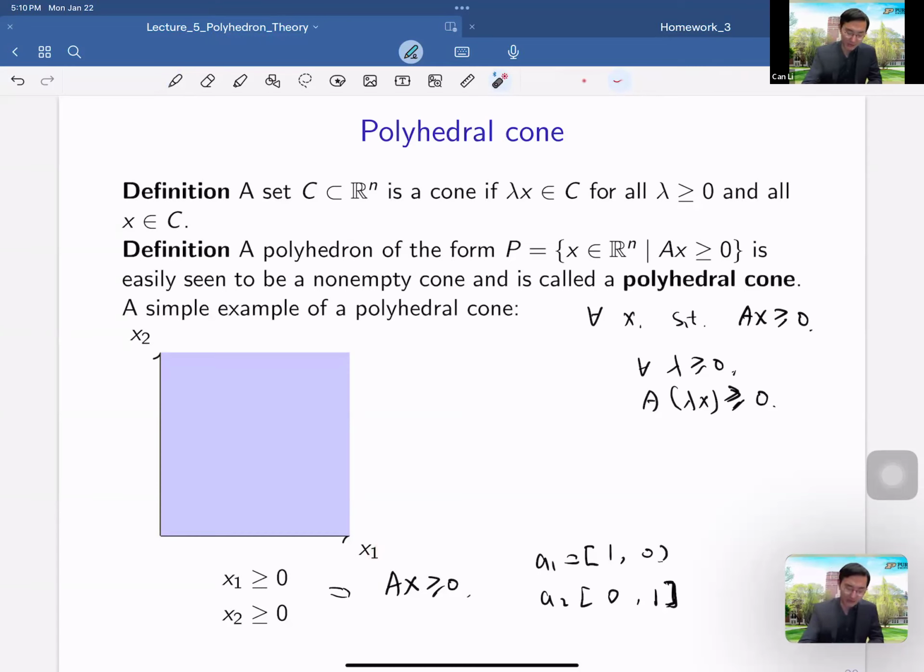And intuitively, if you pick any point in this cone, let's call this point x, lambda x is also in this cone. The lambda x is essentially this ray here, with lambda greater than or equal to 0. And of course, this lambda x is still in the first orthant. That's just an example of a polyhedral cone.